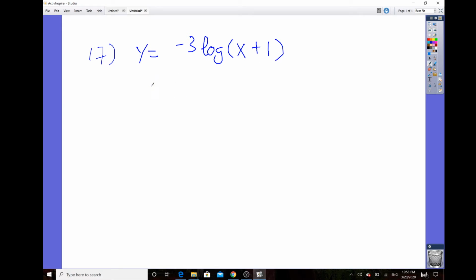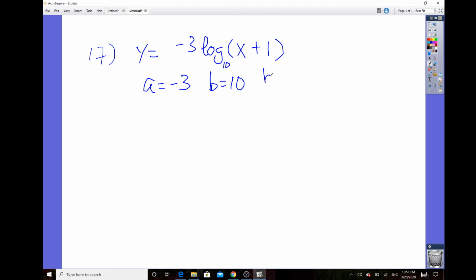Again, identifying the value of a, which is negative 3, you might be wondering it's reflected over the x-axis because of the negative sign. And then the base, again, if the base for log is not shown, it's always considered 10. You probably want to put 10 right here.